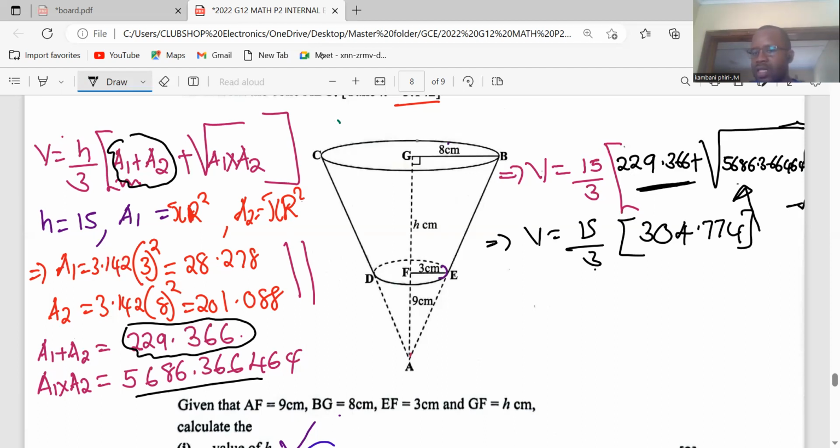Okay. Then this answer, you can multiply it with 15, then divide by 3. Or since we know that 3 into 15 is 5, you can multiply this answer by 5. So what do we get? We get 1523.87.